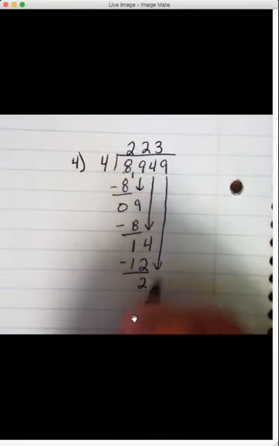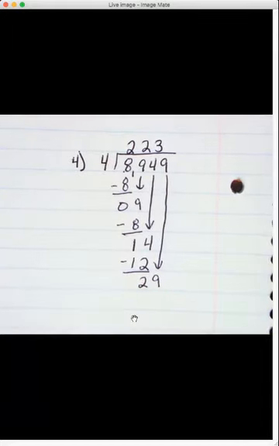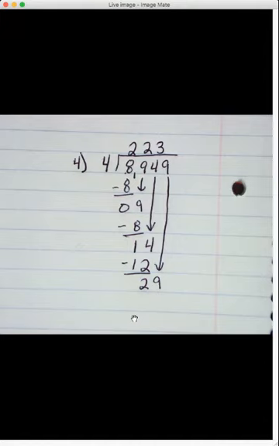Brother bring down. We've got a 9 to bring down. You see why they call this long division? It's a long problem. Now we've got 29 divided by 4. Let's see. 6 times 4 is 24. That's pretty close. What's 7 times 4? 7 times 4 is 28. That gets us closer.